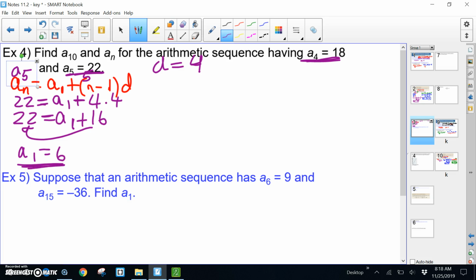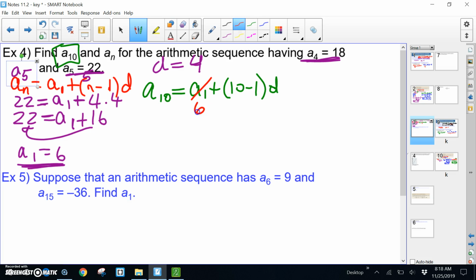Now, they didn't ask me for A1, they asked me for A10, but now I'm going to be able to use that A1 and figure it out from my formula, because I know that from my red formula, A10 is going to equal A1 plus 10 minus 1 times D. So A1 was 6, right?